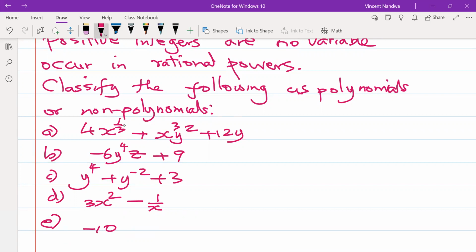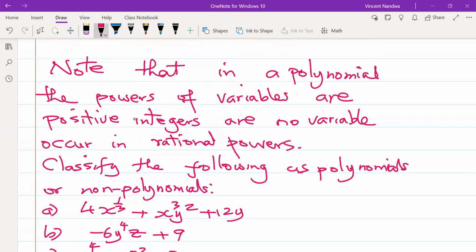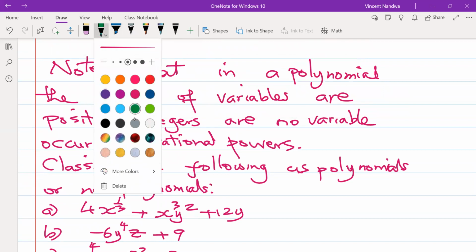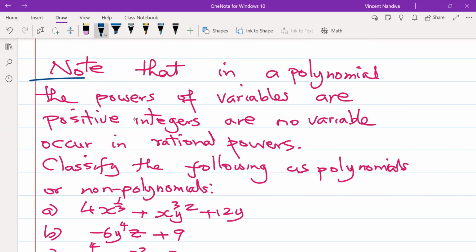What happens in A? Is it a polynomial or non-polynomial? Why does it make it a polynomial? Because it's positive. Which integer? That is power one third, and power 3.